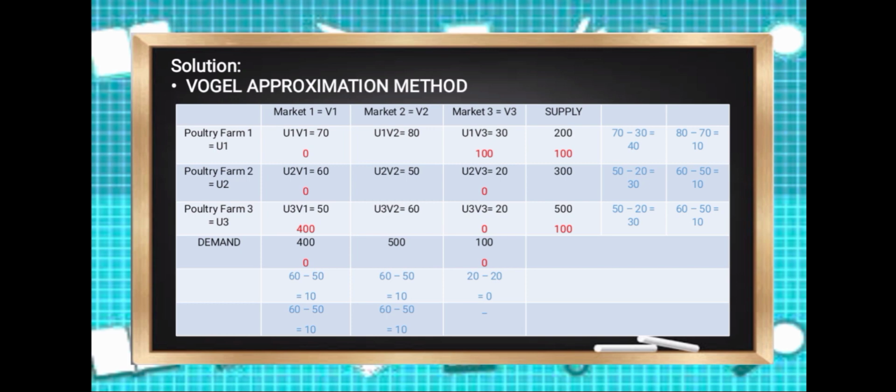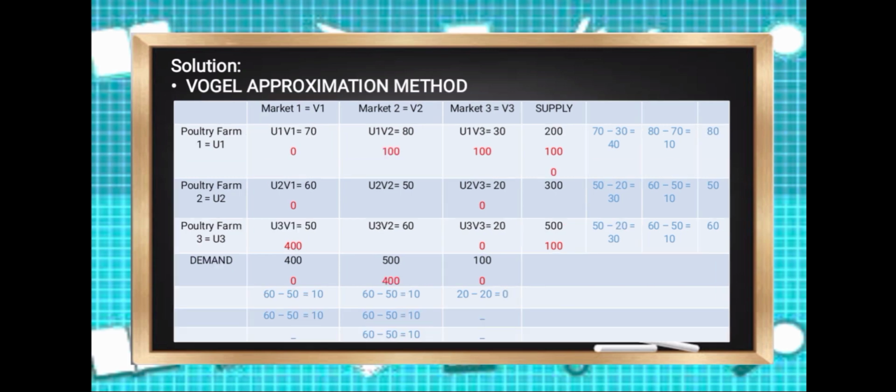The next step: since column 1 is 0, it is not included. In column 2, the least is 60 minus 50 is equal to 10. So we have a penalty of 10 in column 2. Column 3 is not included since the demand is 0.